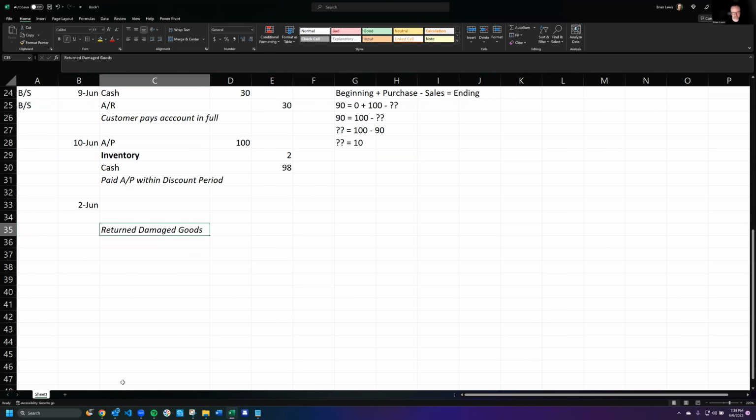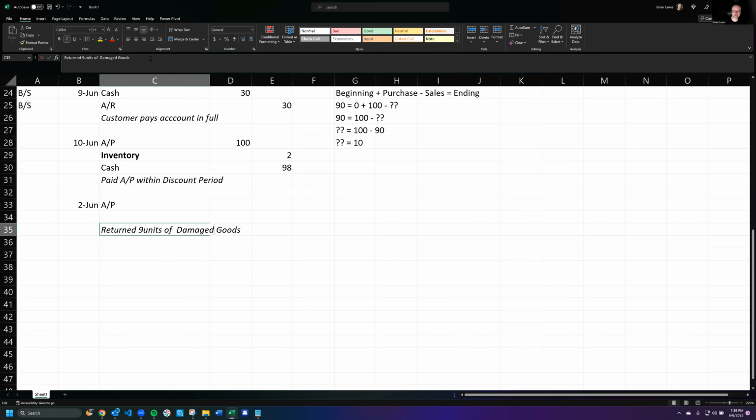Okay. So the return then is going to reduce inventory and is going to reduce your accounts payable. So we start with accounts payable since that's going to be a debit. Let's say returned, make this simple, 9 units of damaged goods.